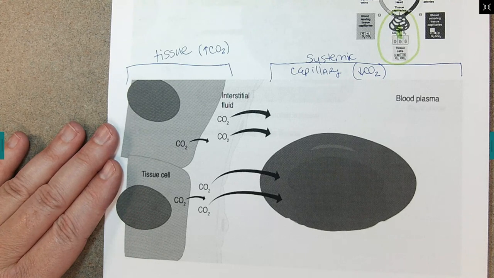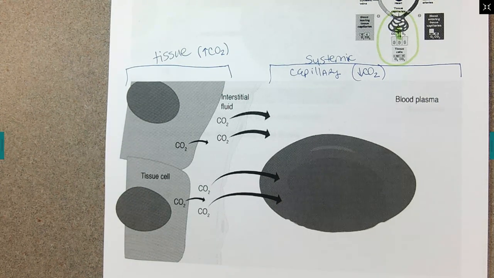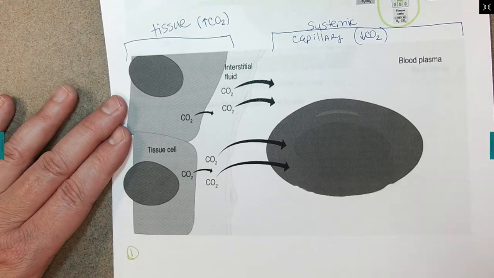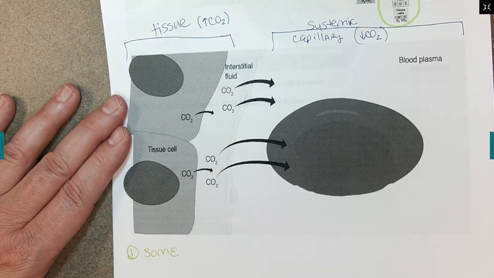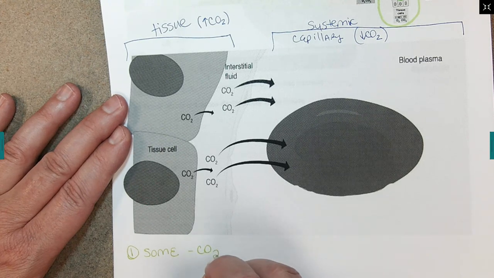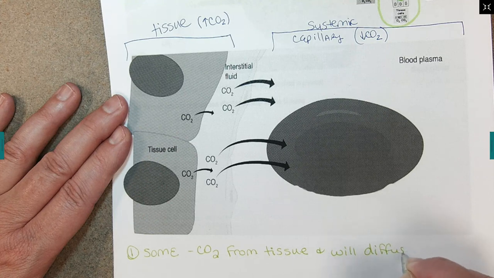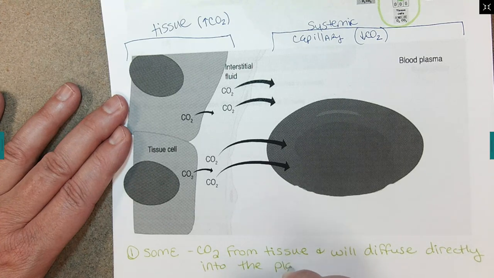Our first way that we're going to talk about, some of the carbon dioxide is going to come from the tissue and will diffuse, again, go from high concentration to low concentration, directly into the plasma.